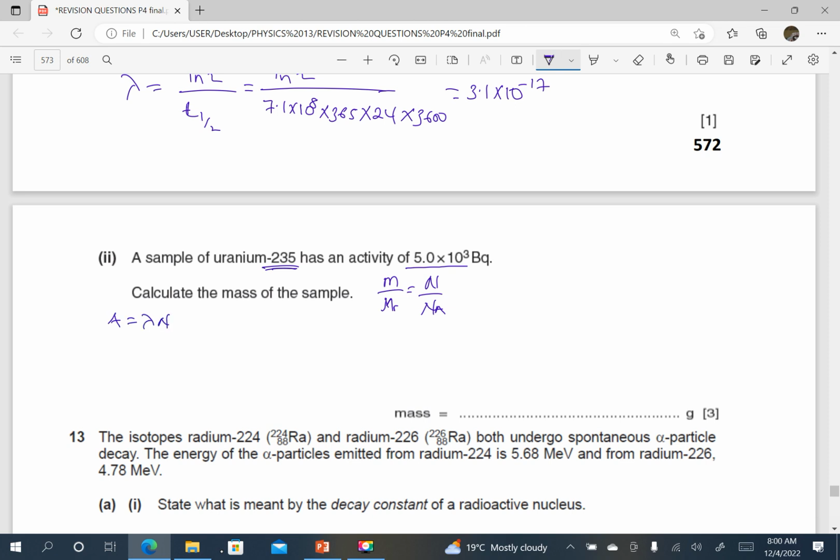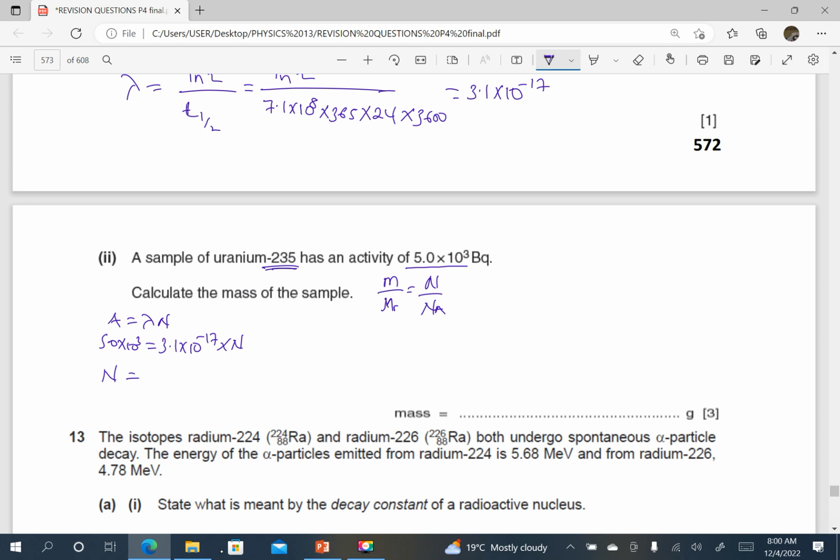We know that the activity is given as 5 times 10 power 3. The decay constant, we have calculated it above. It is actually 3.1 times 10 power negative 17, times N. What is N?